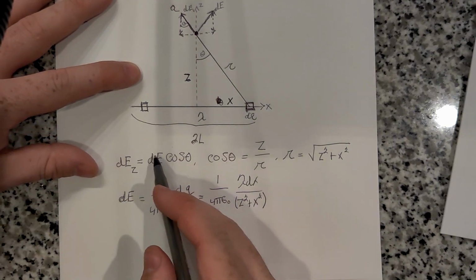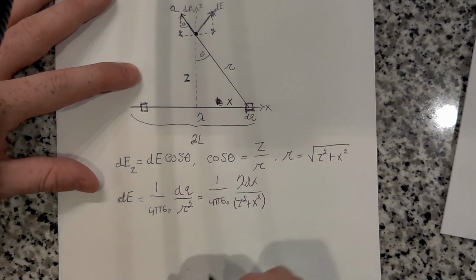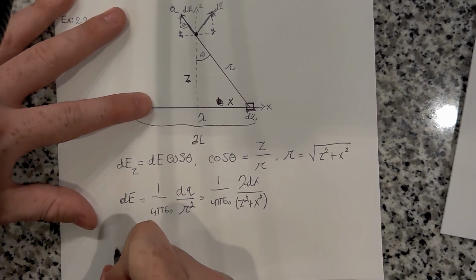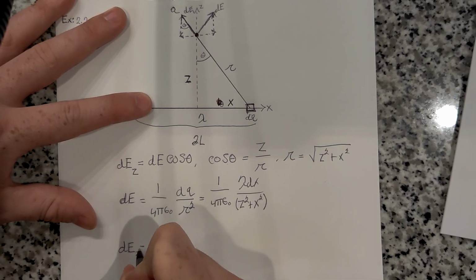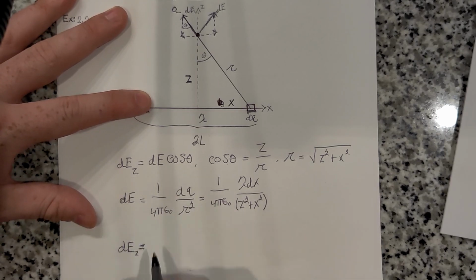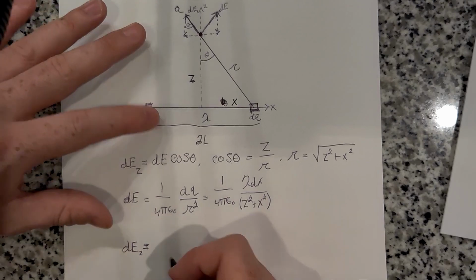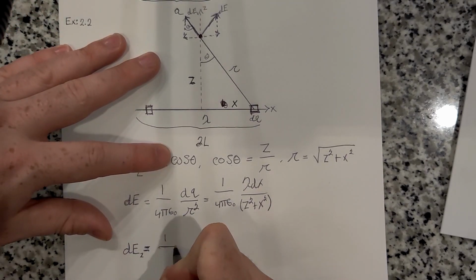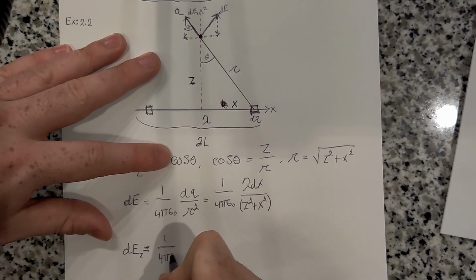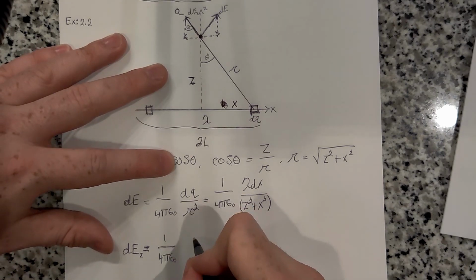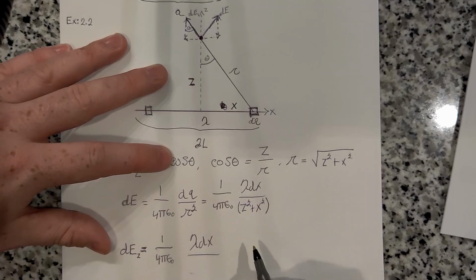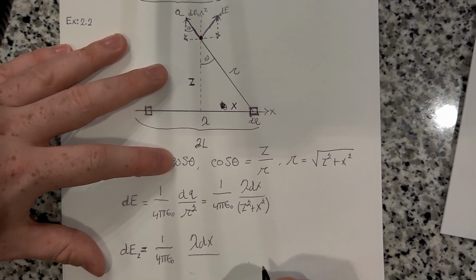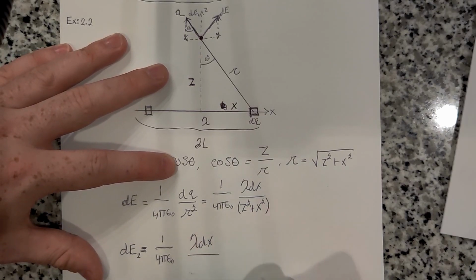And then just plugging that into here and plugging in cosine of theta, what we find, plugging everything in, dEz, the z component of the field, or the differential amount at least, is 1 over 4 pi epsilon naught. We have lambda dx, and then we have z squared plus x squared on the bottom.